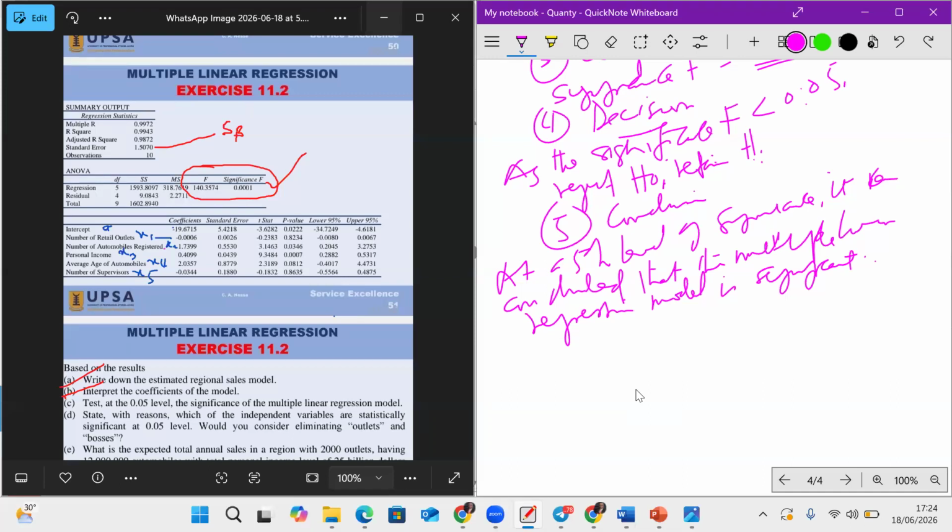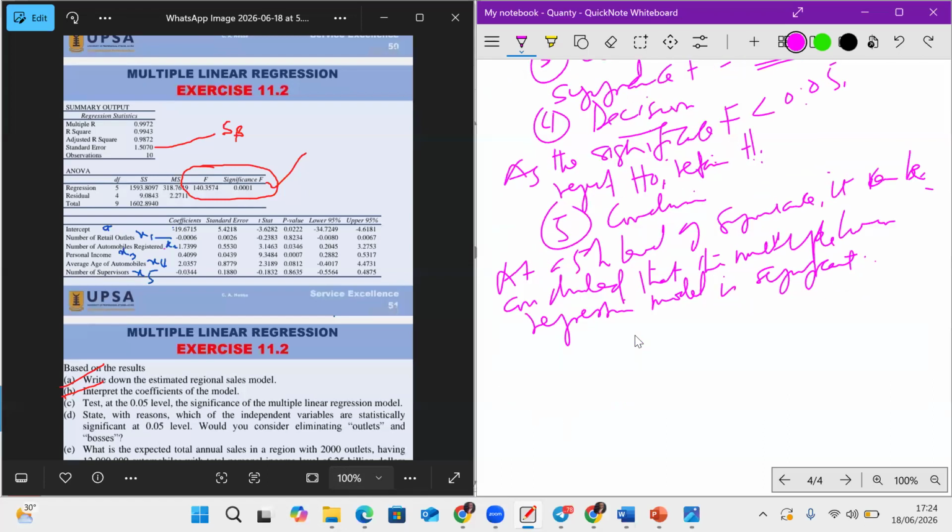Yes, sir. In exams, if the question, part C, is 2 marks, just start from the 4 and end at 5. So you say, as the significance F is less than 0.05, reject H0, retain H1, then you conclude at a 5% level of significance, it can be concluded that the multiple linear regression model is significant. Are we okay?